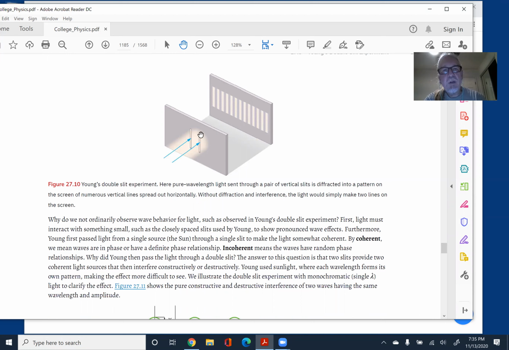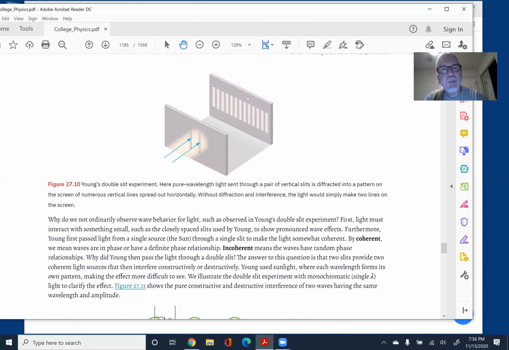So you make openings, very narrow openings, probably less than a micron, and you shine light. It has to be special light that is coherent in some ways, like a laser. And you see a pattern emerging on a distant wall.